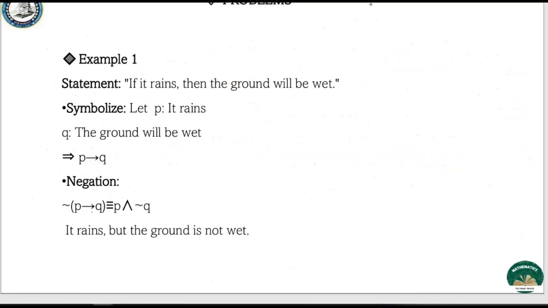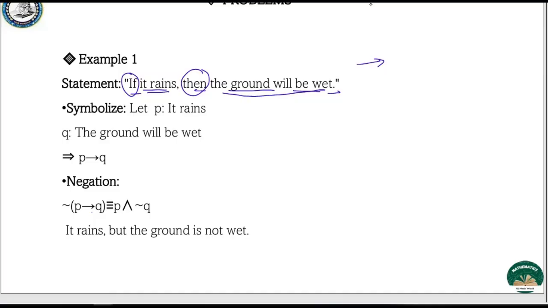Example 1 statement. We are going to convert the statement into symbols, that is, symbolically represent the given statement. So how are we going to do it? Here, if it rains, then the ground will be wet. If and then is used for implication, and to represent implication we use the arrow mark. Here P is it rains and Q is the ground will be wet.